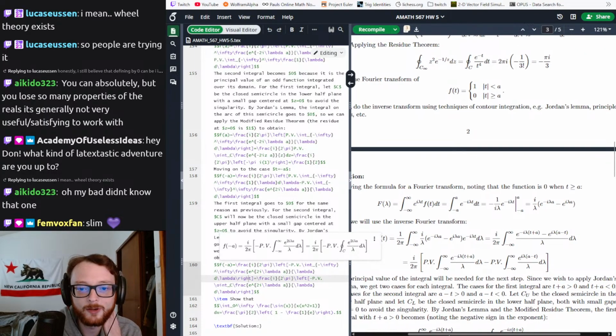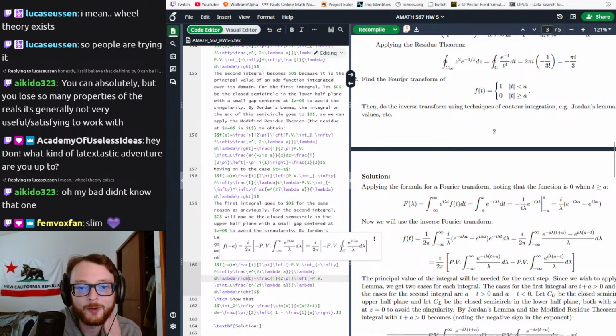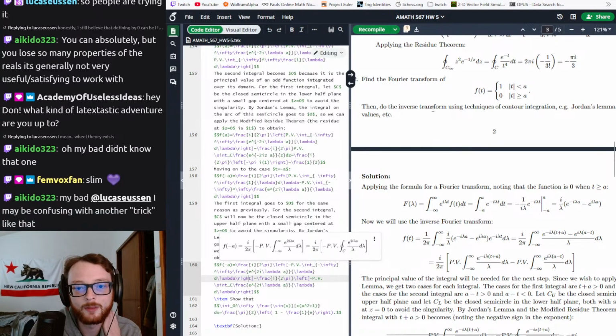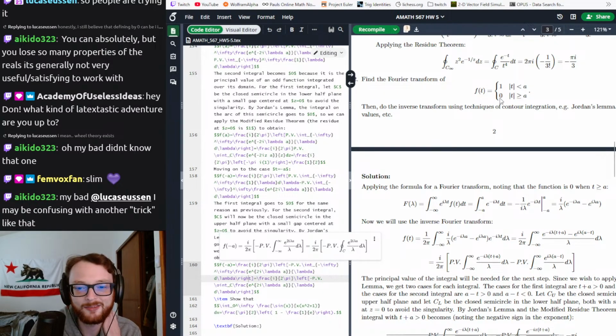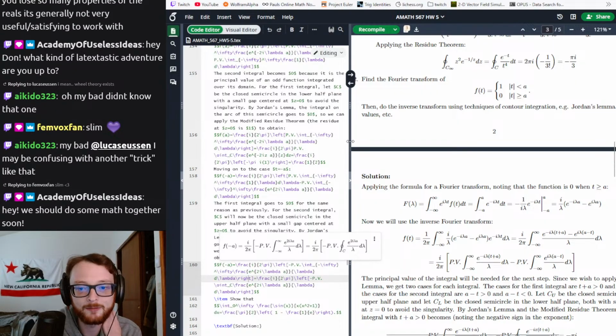It's a little bit hard to fit on the screen, but find the Fourier transform of this step function or whatever, and then invert it. And for the life of me, I could not figure out how to handle the endpoints when equals a, and I finally did. So I'm just LaTeXing up that case right now, and then this homework is done.